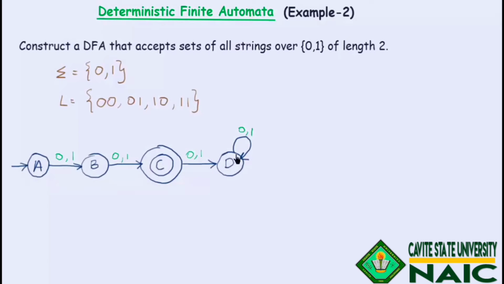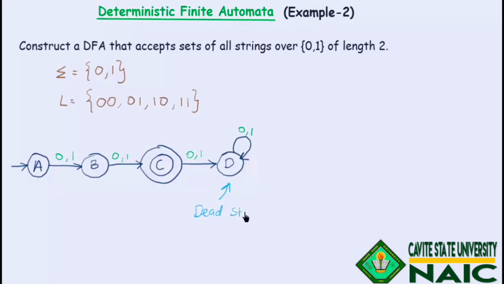Now, if I get another input, the length of my string becomes 3, and that should not be accepted, so it goes to state D. In state D, whatever input you get, it stays in state D. And from state D, there is no possibility of coming back to state C. So if anything goes out of state C, it is trapped in D and is not able to reach the final state anymore.